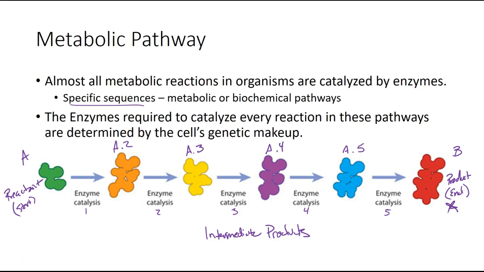The enzymes required to catalyze every reaction in these pathways are determined by a cell's genetic makeup, meaning the genes associated with this metabolic pathway have to be turned on and off in order to produce the enzymes or products in the proper sequence to get to the proper end product, which is the red product in this case.